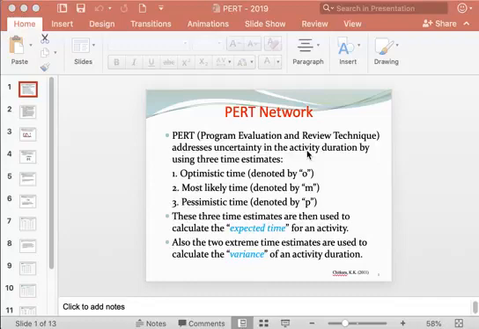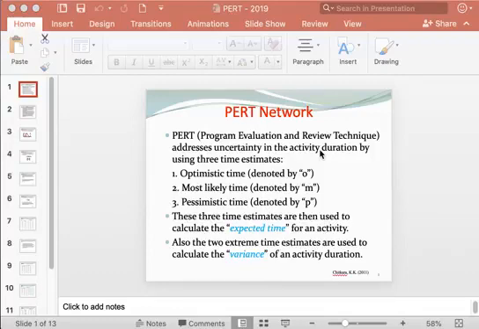Which means in case of CPM, activity durations can be ascertained with greater certainty, whereas in case of PERT, the duration of each activity cannot be determined with a high degree of certainty.